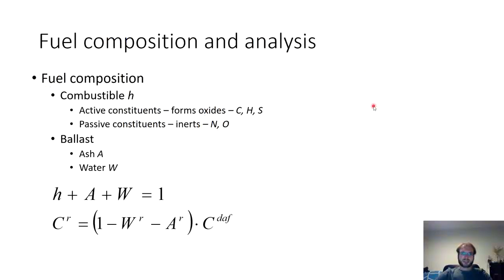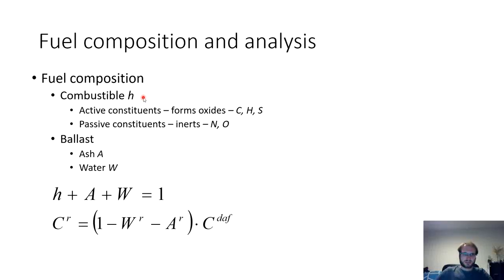In the second part of today's tutorial, we will have a look in more detail at the fuel, its composition and analysis. The composition of fuel. The fuel contains multiple components. It's basically never some pure single piece of matter, and we distinguish between them.